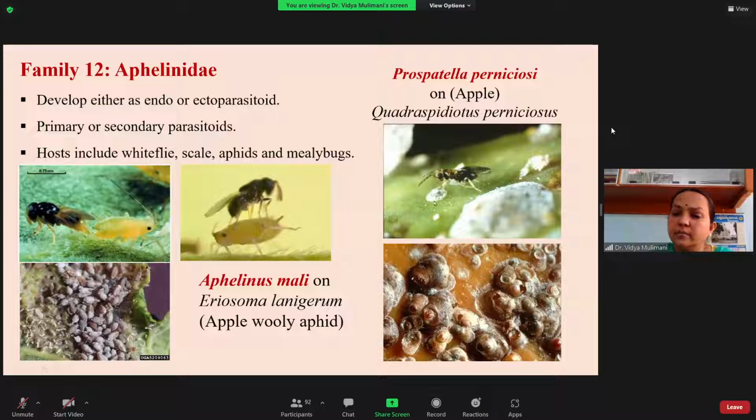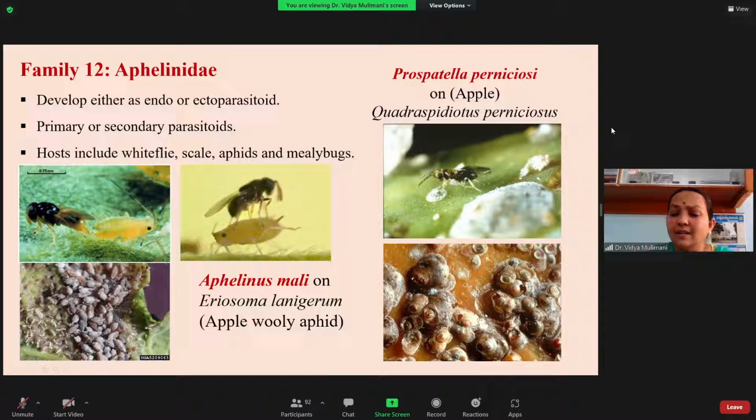Sometimes they puncture these scales with the ovipositor, and the female will drink the body fluid, because they also need nutrition for their body.